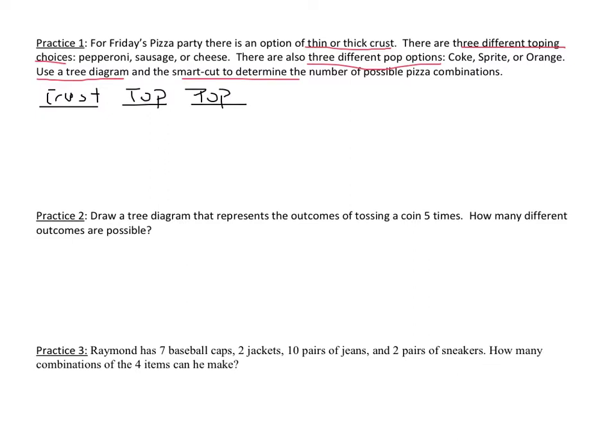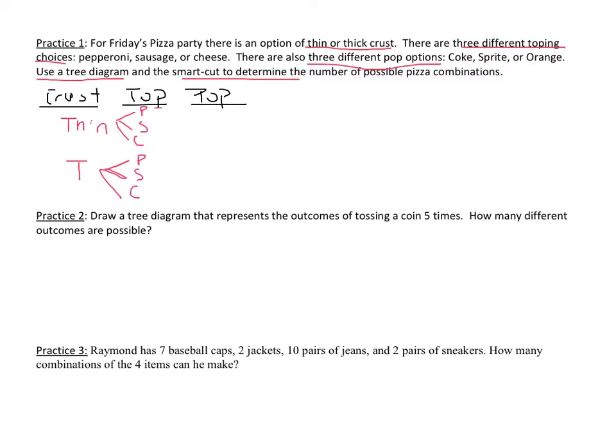So we have 2 different types of crust, thin or thick. I'm just going to use a T for thin. We have 3 different pizza choices. Our topping choices are pepperoni, sausage, or cheese. And then there are also 3 different pop options.